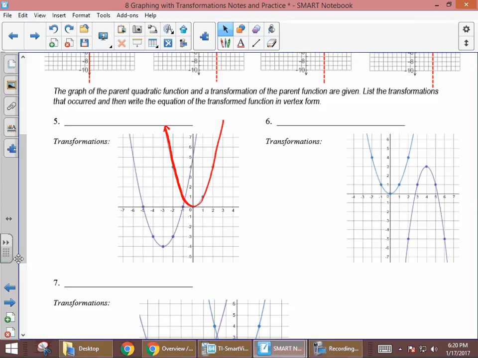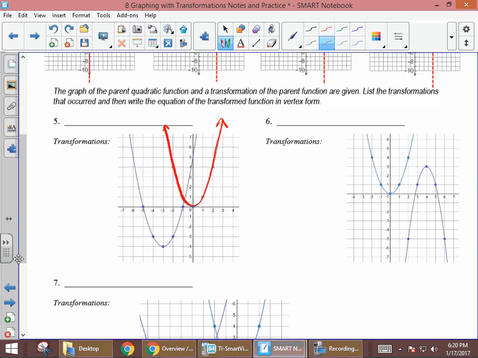I could look and go, okay, if I just move this over and down, that's going to sit perfectly. So we don't have a compression or a stretch. This is the same exact graph, just moved a little bit left and a little bit down.